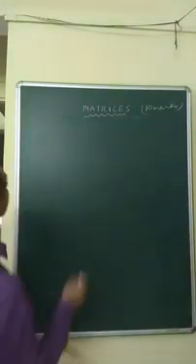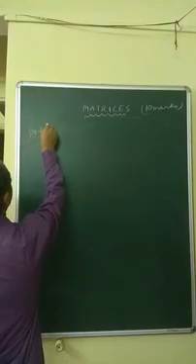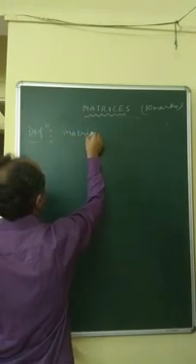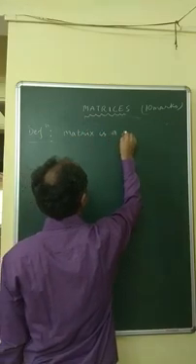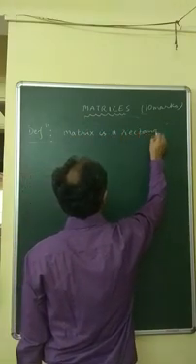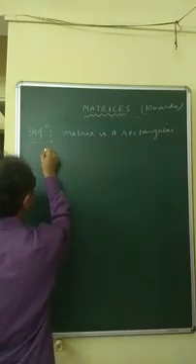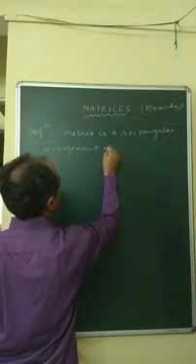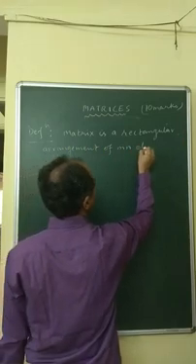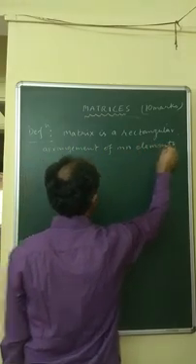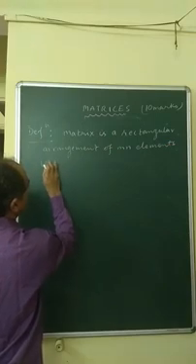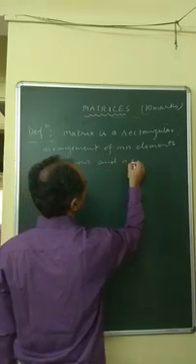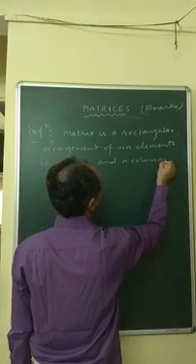Definition: a matrix is a rectangular arrangement of m into n elements in m rows and n columns.